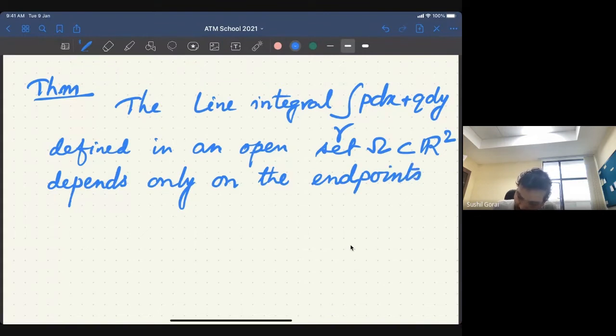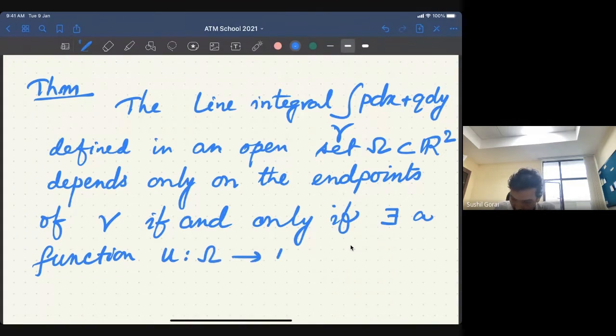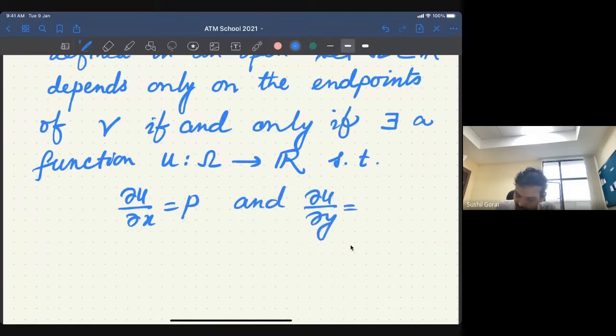So here you see, this means the line integral over any curve in omega depends only on the endpoints of gamma if and only if there exists a function u from omega to R such that del u by del x is p and del u by del y is q.